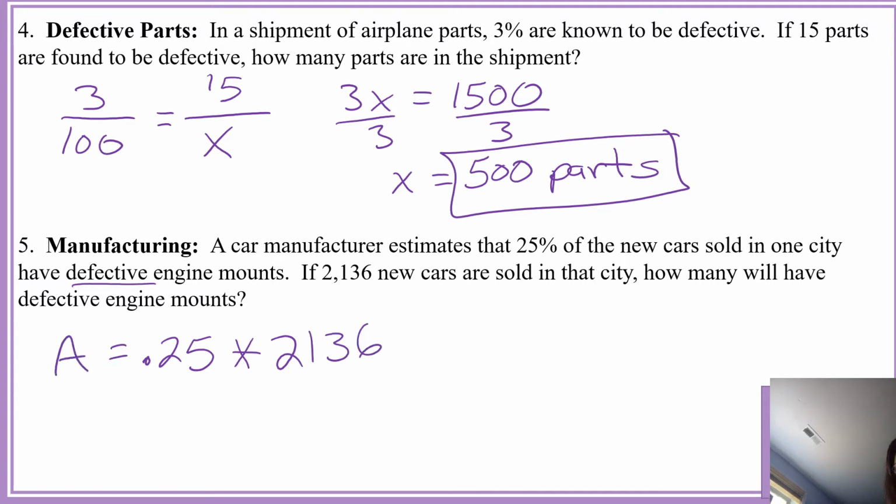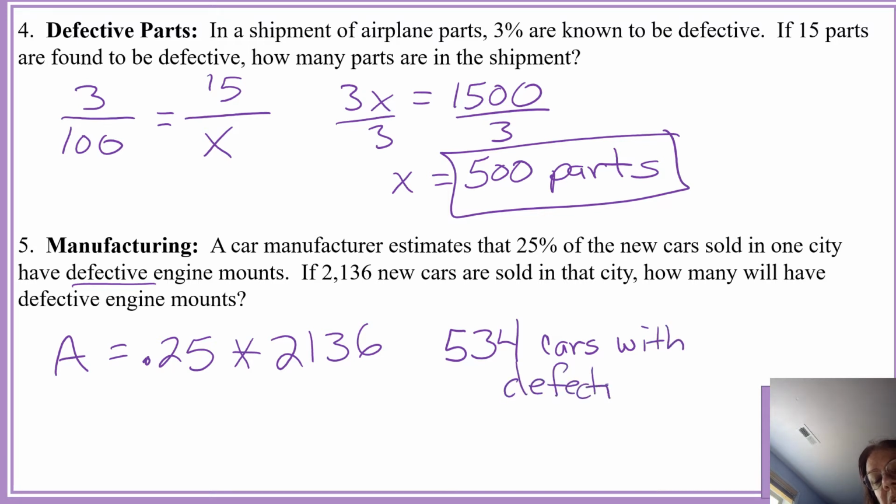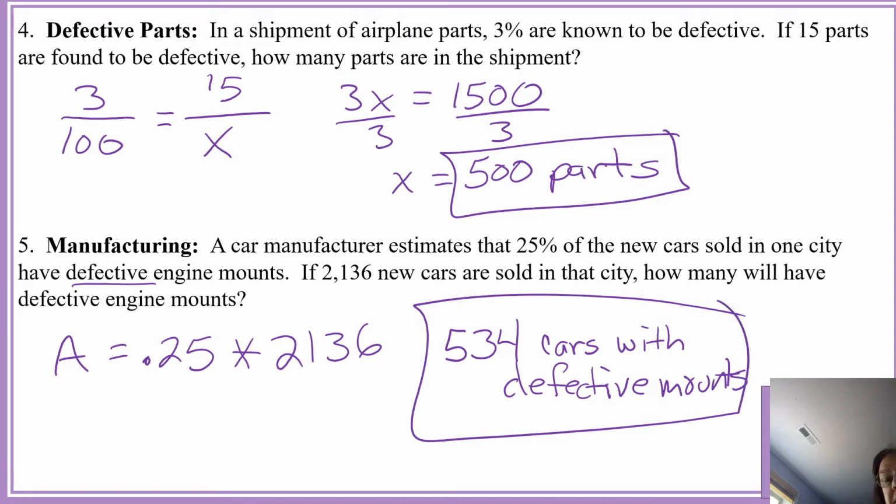That's our A. So 0.25 times 2,136 is 534. Defective mounts. Alrighty. A couple more to go.